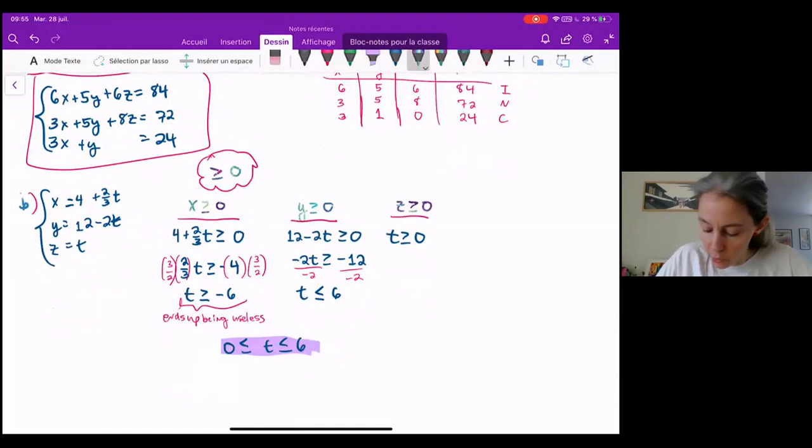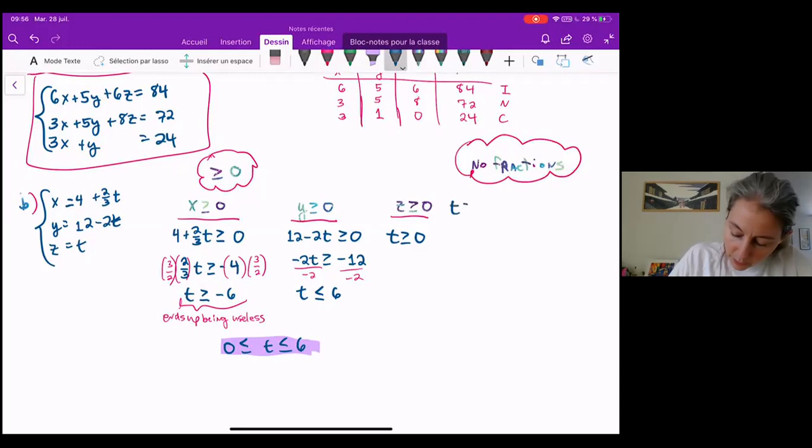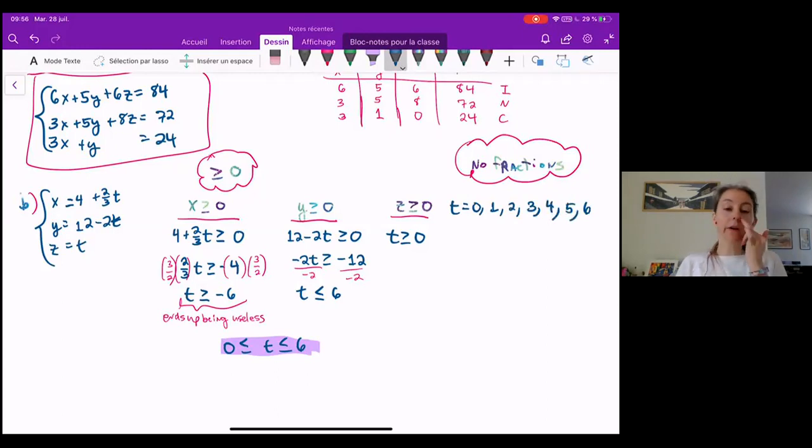But then we also have to think about the fact that we don't want any fractions. So now I can say t is equal to 0, 1, 2, 3, 4, 5, 6. Are there any of these that I can get rid of that would also cause fractions?